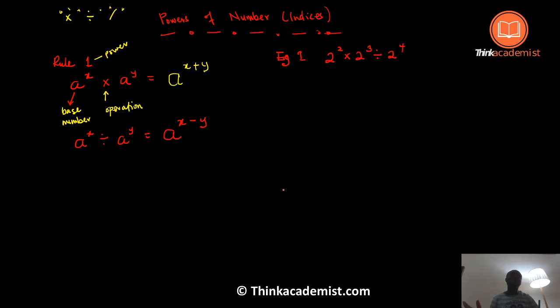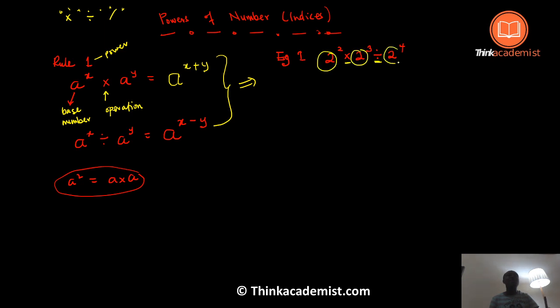You can solve this using the class 1 method, where we know that a raised to the power 2 is equal to a times a, and we can apply the same principle to solve this. We'll do that later, but applying the rule I just explained, we have multiplication here and division here, and the base number is the same throughout.